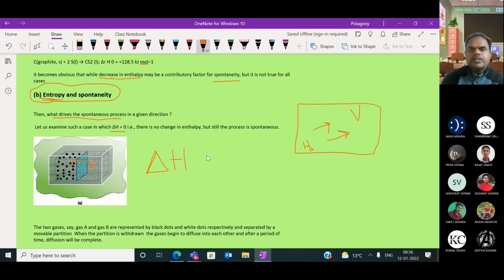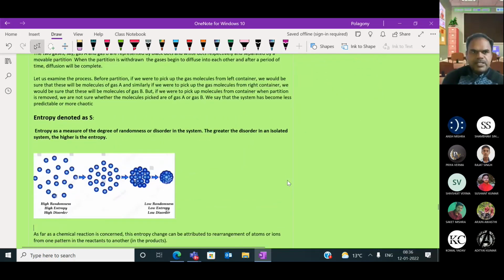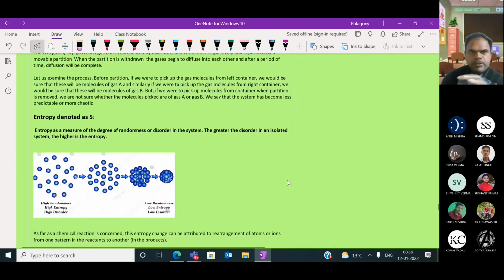It will be 0. No change in enthalpy, but there is spontaneity. Got the point, everyone? Yes, sir. No change in enthalpy, but there is a change in something else, so we can notice spontaneity in that.